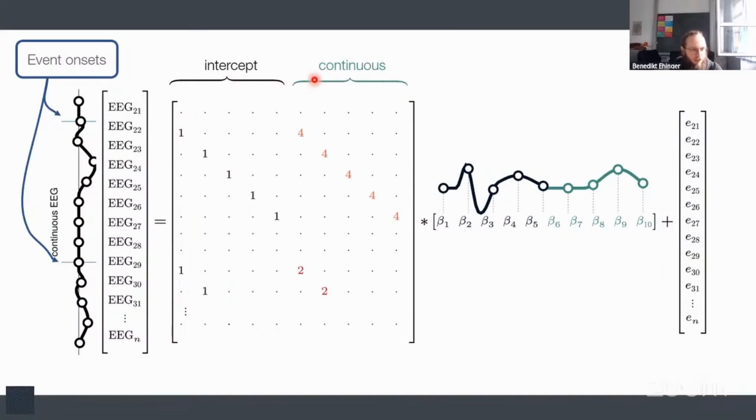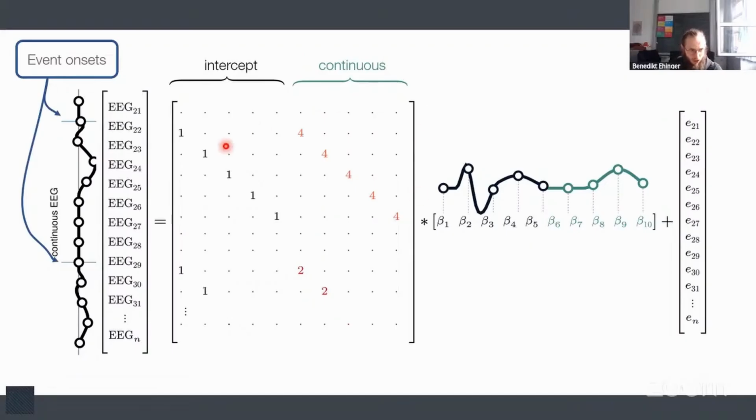And the continuous effect would also be not only one column, but multiple columns. In this case, it's only 5. It would be a very short EEG, but this is, of course, an illustration. You would have 500 of those. You would have 500 predictors for, let's say, 500 samples in a 1,000 hertz data set.